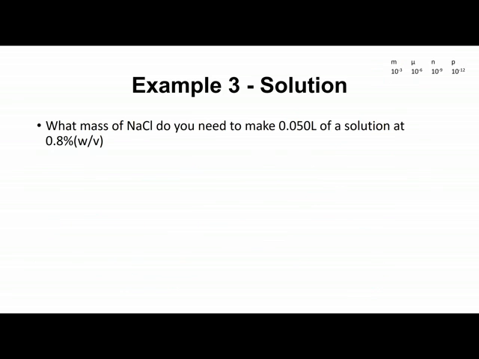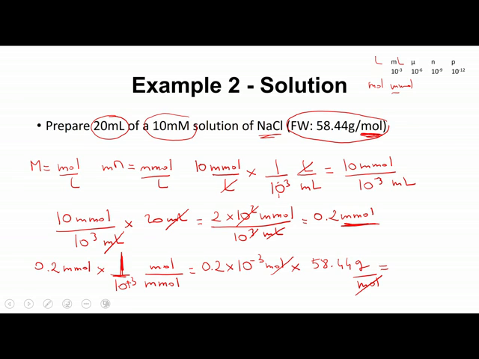This will give you exactly the mass that you need to measure in order to prepare 20 milliliters of this solution of sodium chloride. I'll let you do the last step of calculation, and so we can move on to the next example.